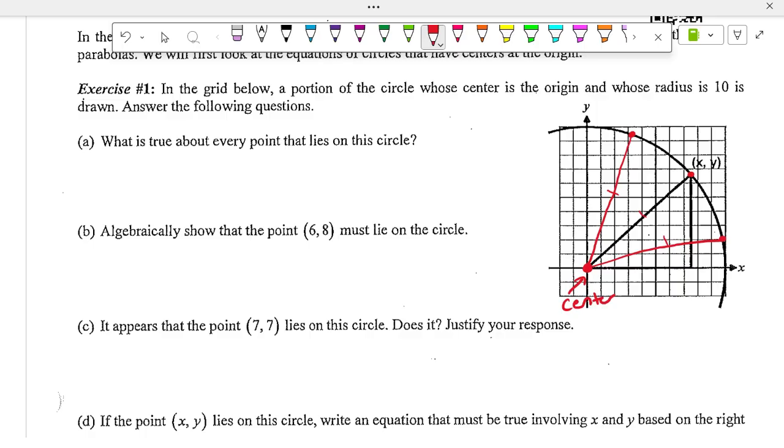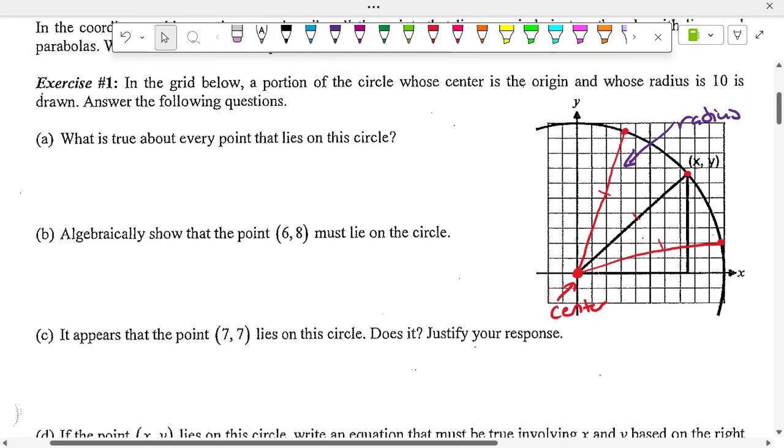Right, because that's the radius. Good. So these are all radii. And the radius of a circle is always consistent. So if you drew a segment from the center to any point on the circle, you will always have the same length as long as it's the same circle.